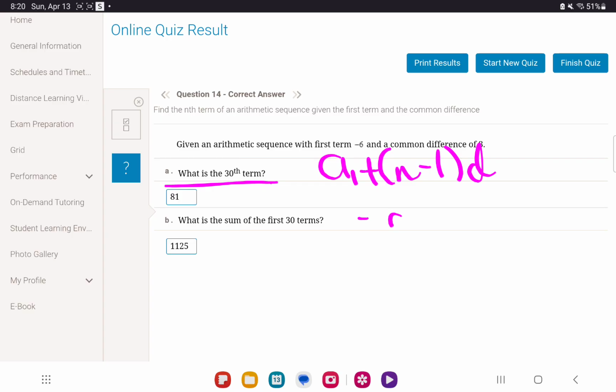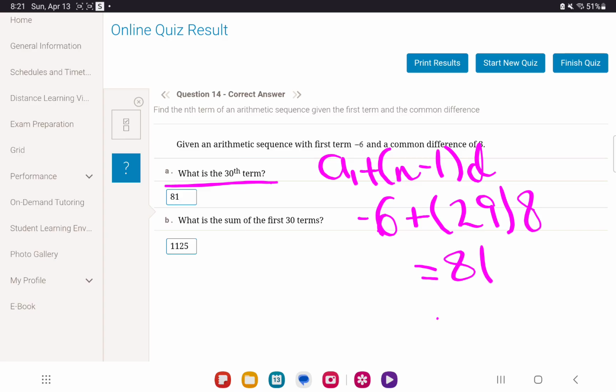First term is minus 6, like they told us, and then the nth term is 30. 30 minus 1 is 29, so let's just simplify it and write 29. And then our d is 8. Do it on your calculator. You get 81. Done.